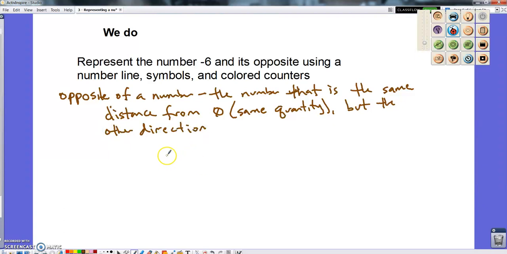So the number -6, its opposite is 6. And 6, its opposite is -6. They're opposites of each other.